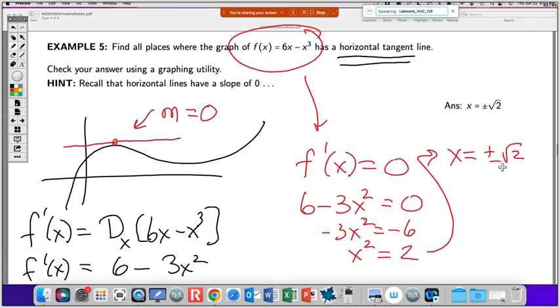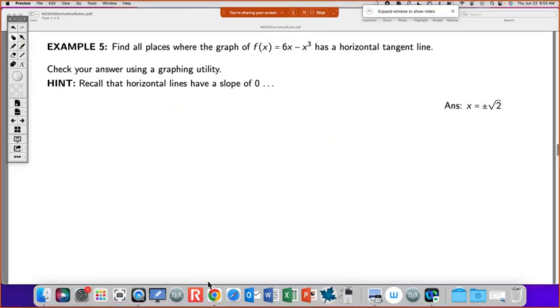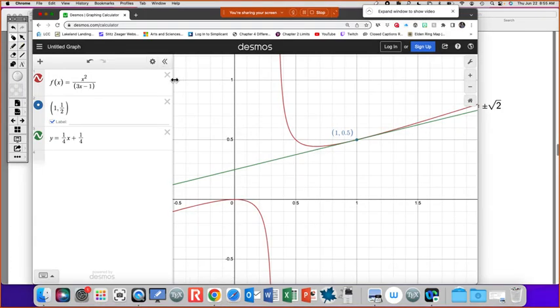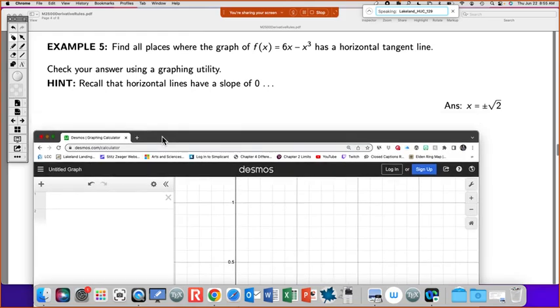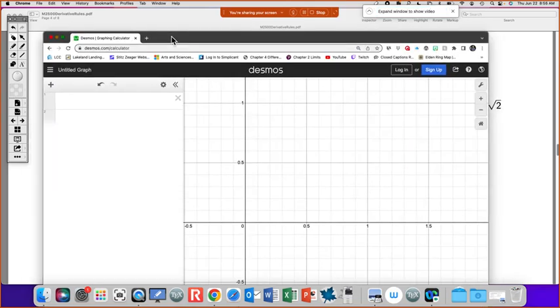And once again, I can check these answers graphically, a couple different ways. Any questions on the calculus or the algebra here, folks? So let's fire up this function, 6x minus x cubed.